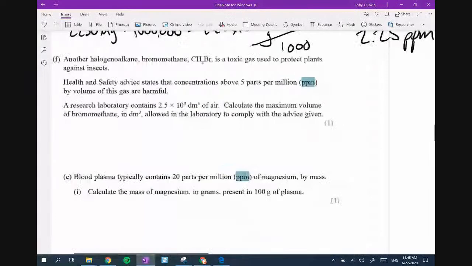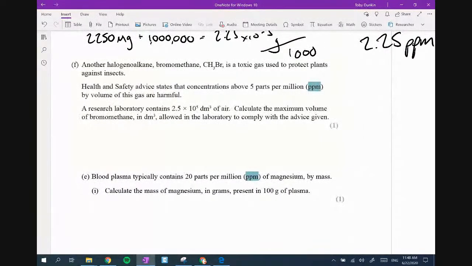Right. Another halogenoalkane, toxic gas, plants, health and safety. 5 parts per million by volume of gas are harmful. A research laboratory contains this many dm cubed. Calculate the maximum volume of bromine in dm cubed allowed in the laboratory. So, question mark over the total volume, 2.5 times 10 to the 5, times 10 to the 6, equals 5 parts per million.